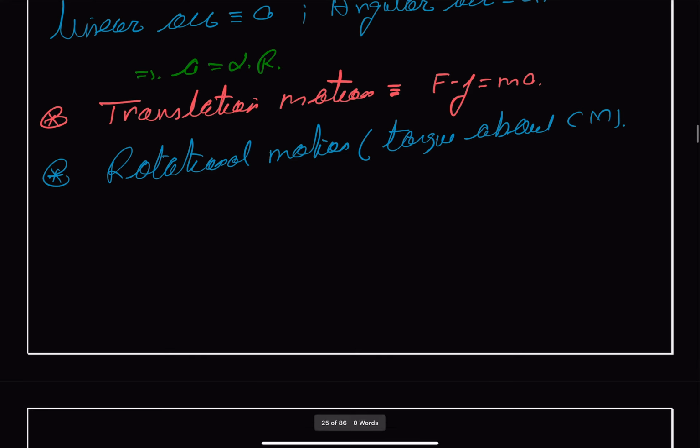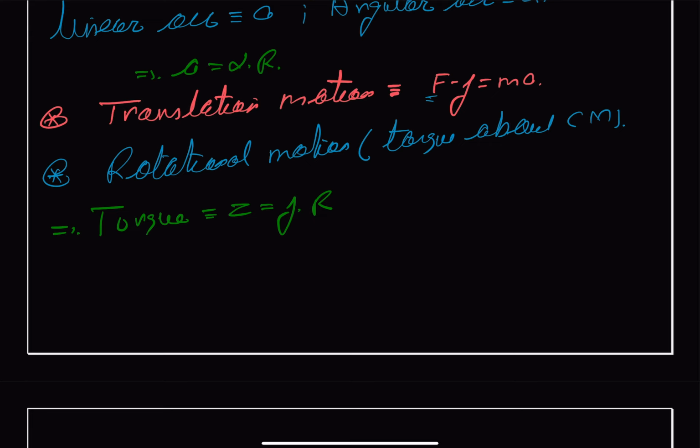The frictional force is the only force which is going to provide the torque, because the applied force F is through the center of mass. Therefore, we can write that the torque, that is our tau, will be frictional force multiplied by R.